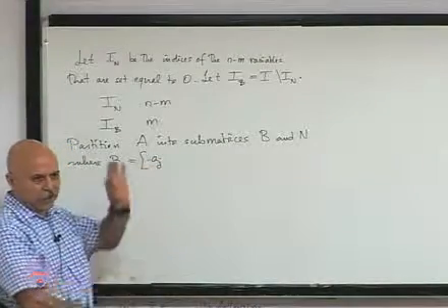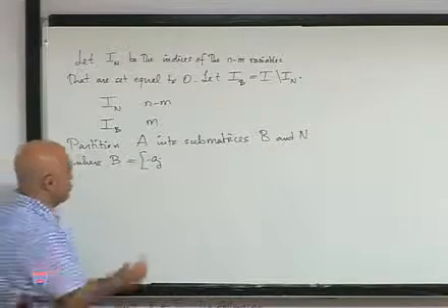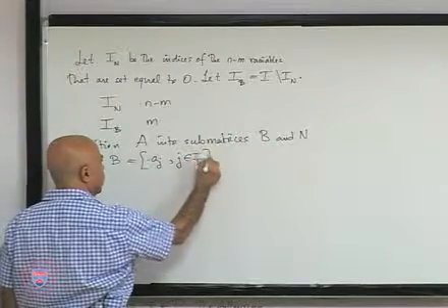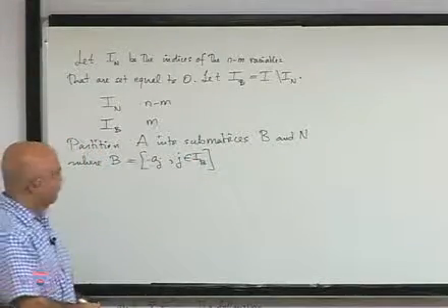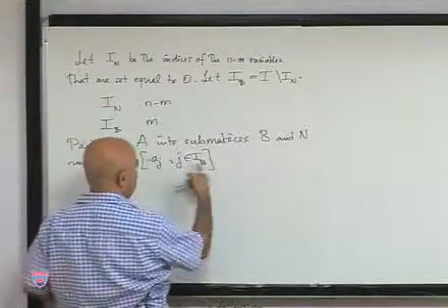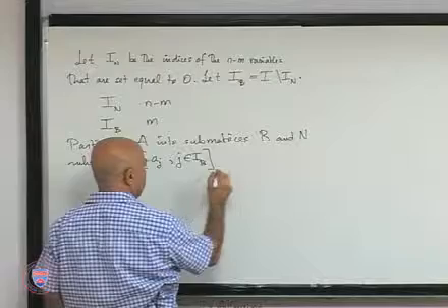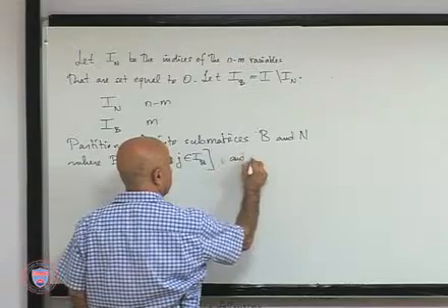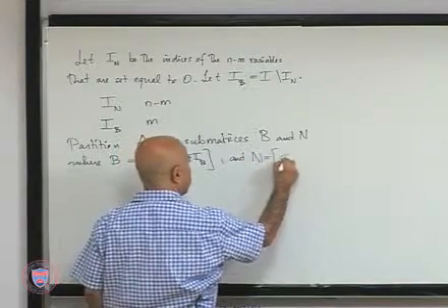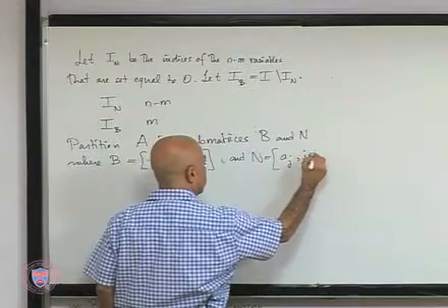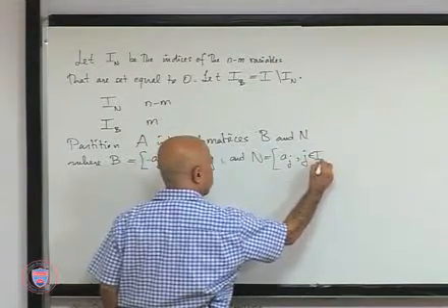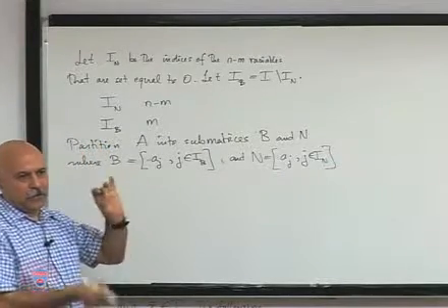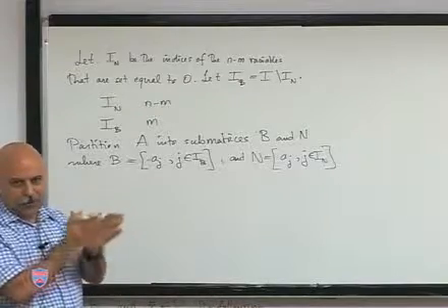Remember, A sub j is a column vector, the jth column of the A matrix, corresponding to those in I sub B. That's the submatrix of the columns with indices in I sub B, and N is the submatrix consisting of those columns whose associated variable is in I sub N. Each column is associated with a variable. So columns and variables always go hand in hand.